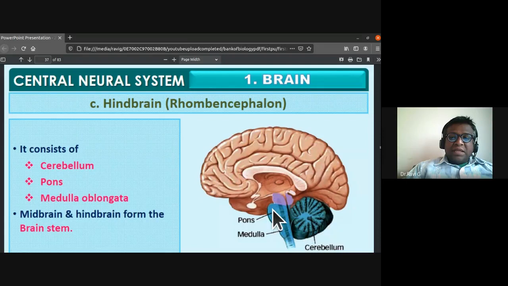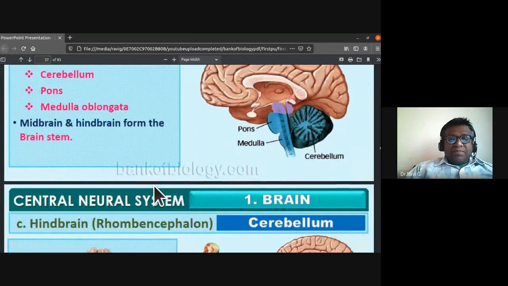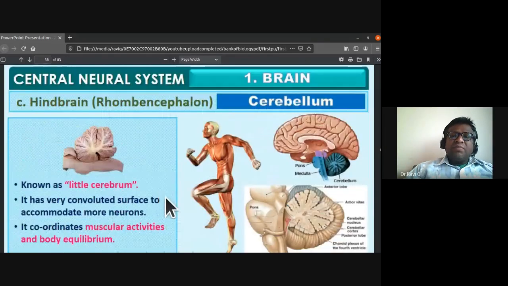The shaded region represents the hindbrain or rhombencephalon. The midbrain and hindbrain together form the brainstem, or stem of the brain.